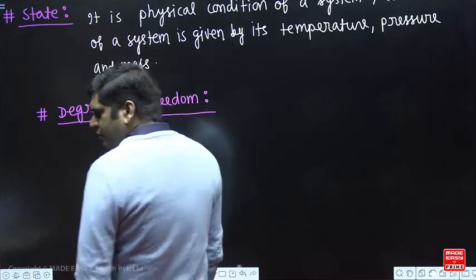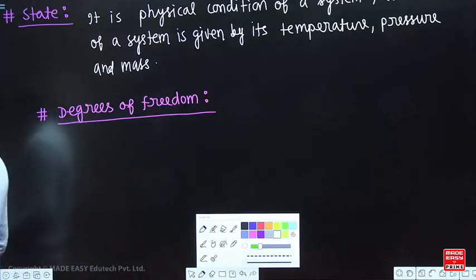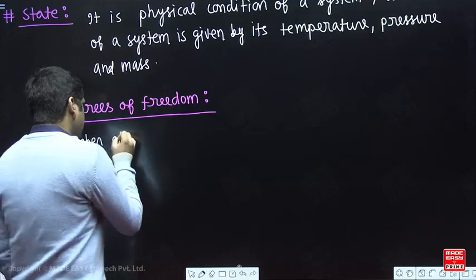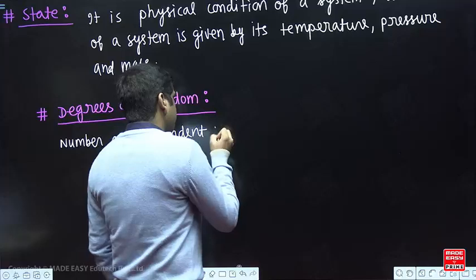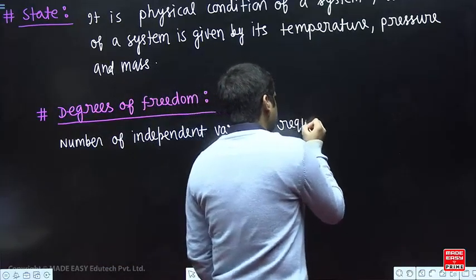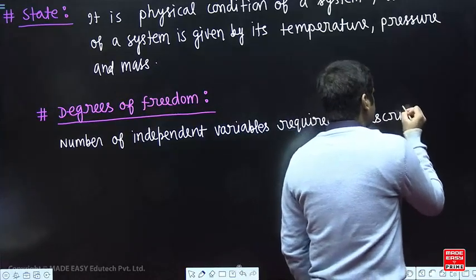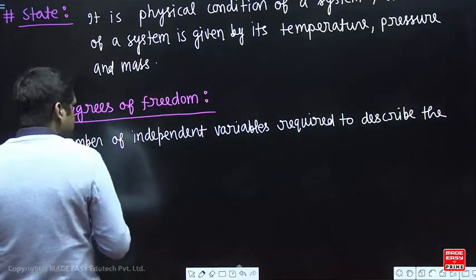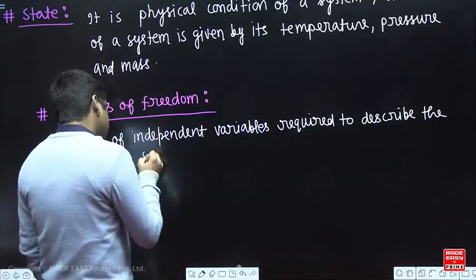So degrees of freedom can be defined as the number of independent variables required to describe the state of a system.